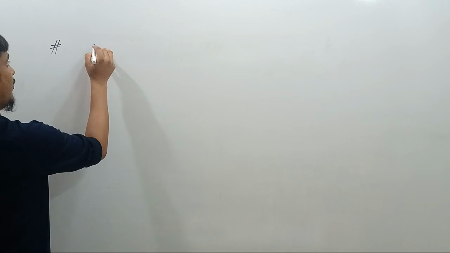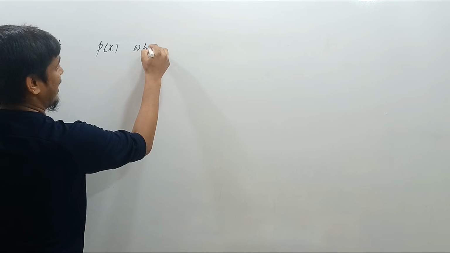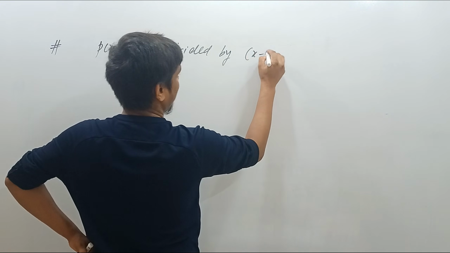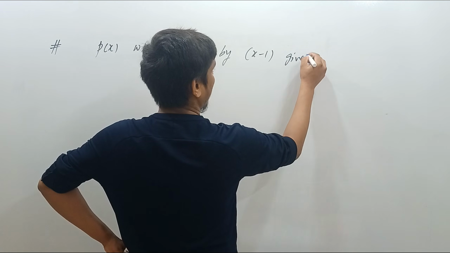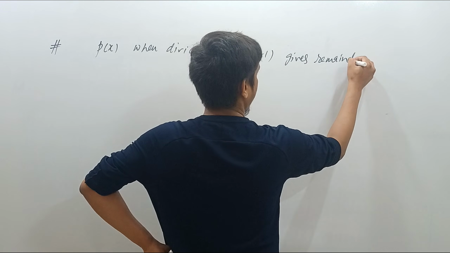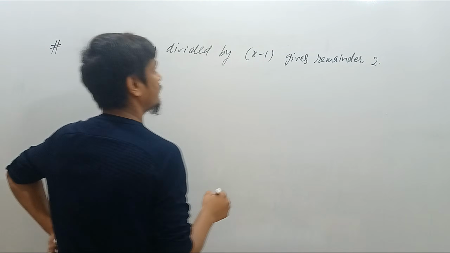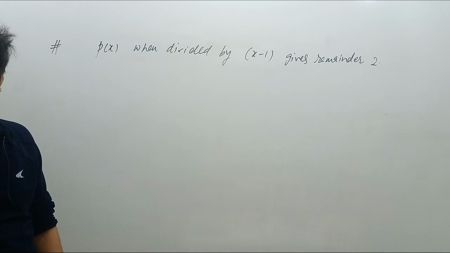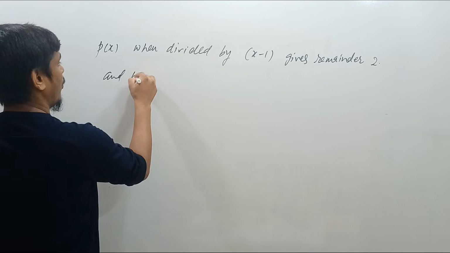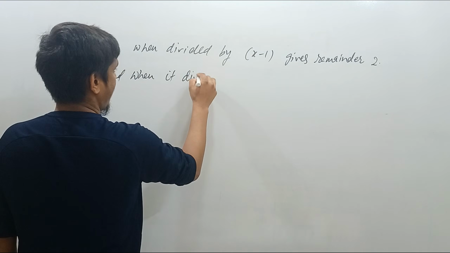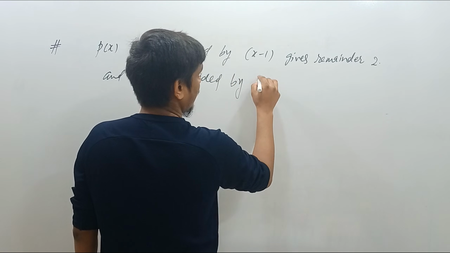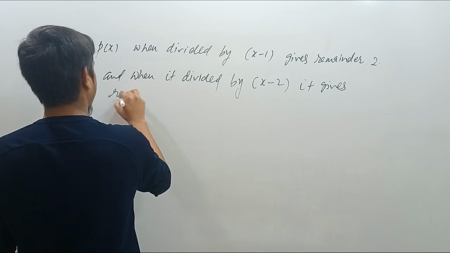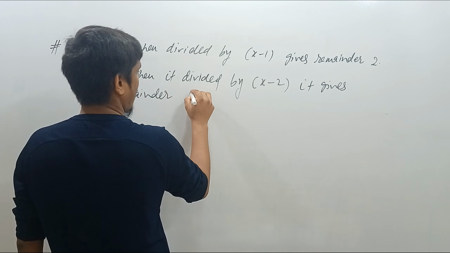Suppose we are given a polynomial p(x) which, when divided by the linear factor x minus 1, gives remainder 2, and when divided by x minus 2 it gives remainder 1.